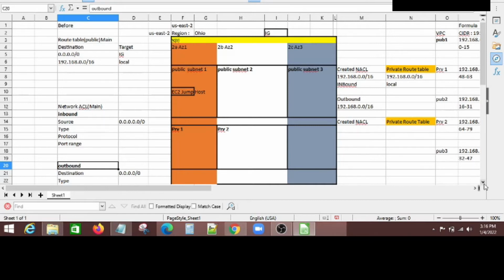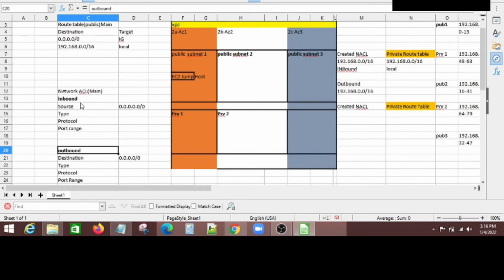In the inbound, the source, the type, the protocol, and the port range are all important. In the same way in the outbound: destination, type, protocol, and port range. In the inbound rules, the source is where the traffic is coming from, what type of traffic it is, what protocol it is using, and what port range you are allowing.